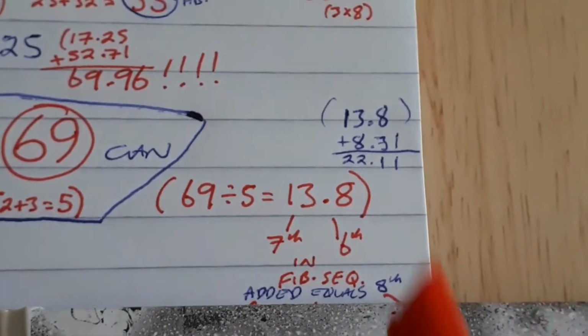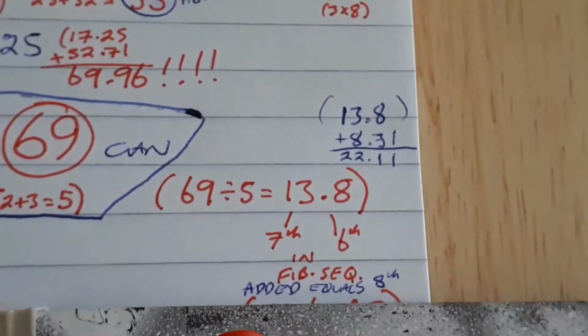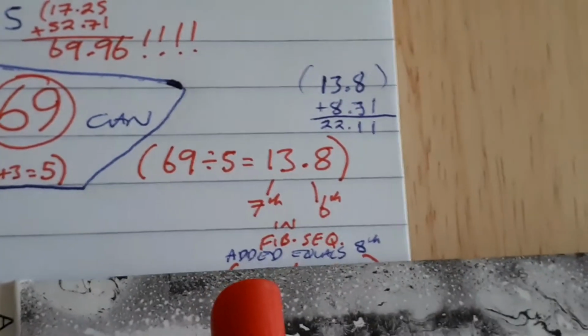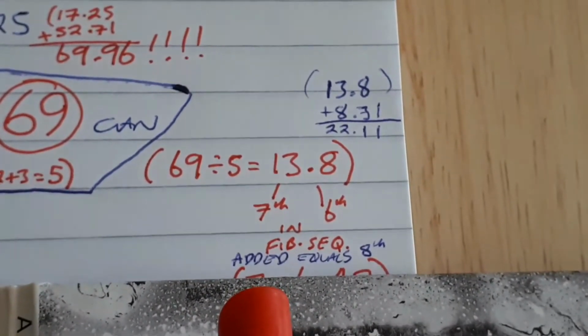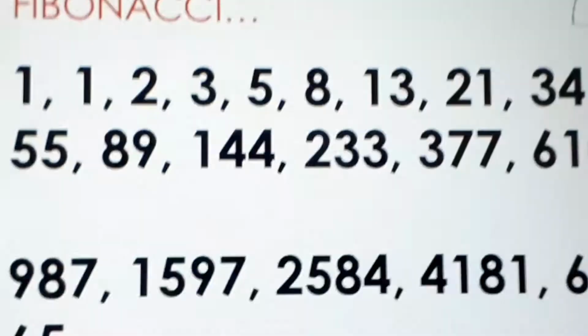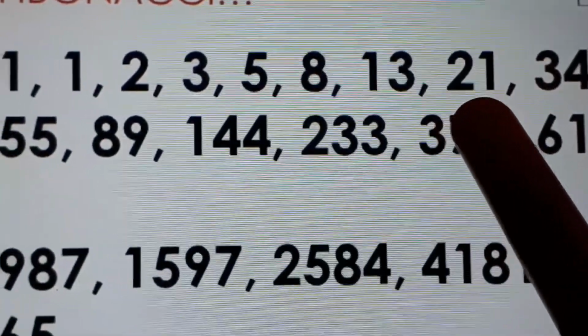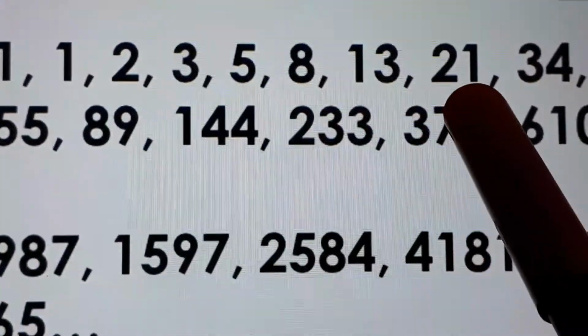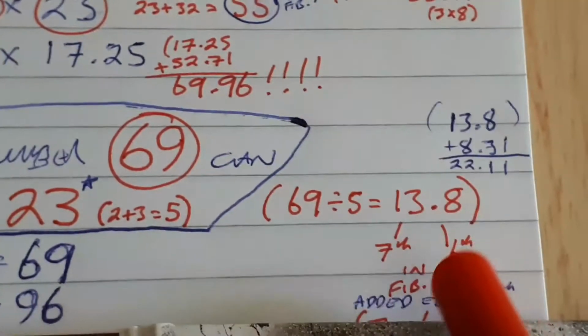Add them together, 13 plus 8, 21, which is the 8th number in the sequence. So you're adding those two to get that one, which is what 69 divided by 5 is.